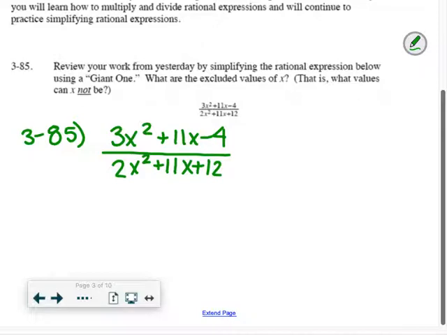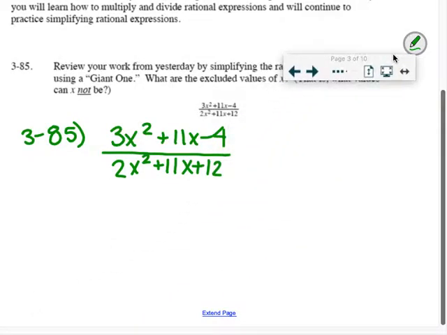Right now I have addition in my numerator and addition in my denominator, so nothing is being multiplied. So the process that we use to rewrite those as a product is factoring and box and diamond. So we need a box and diamond to factor 3x squared plus 11x minus 4 and 2x squared plus 11x plus 12 in our denominator.